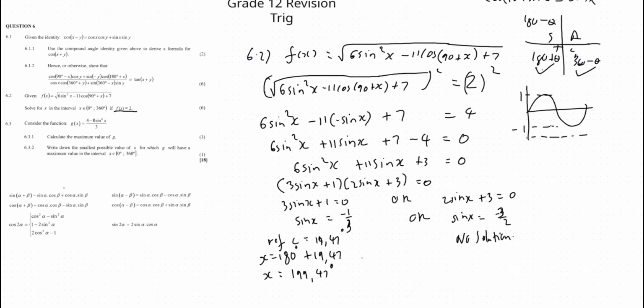And we also have the other situation where sine is negative, in the fourth quadrant, where x is equal to 360 minus our reference angle, again 19.47. So x is equal to 340.53 degrees. I hope you understand this as well.